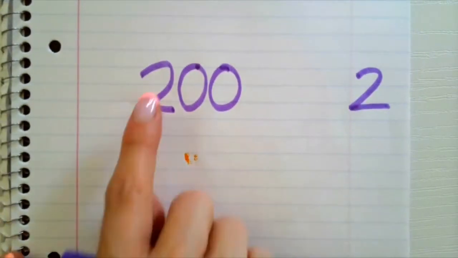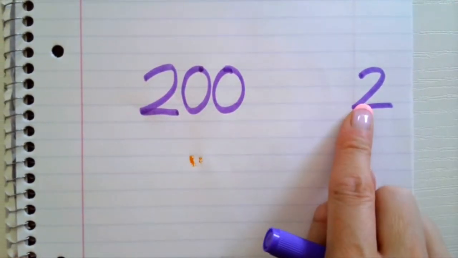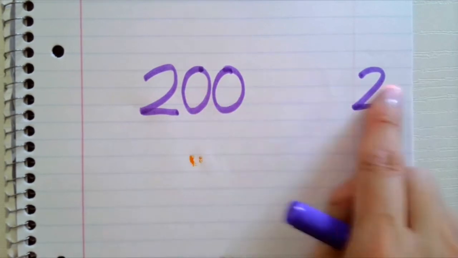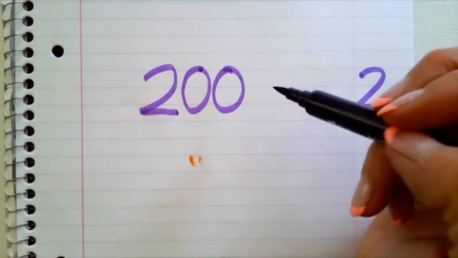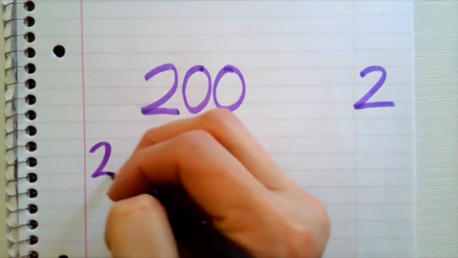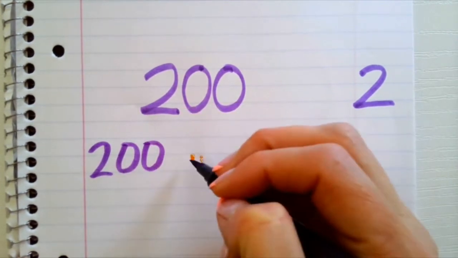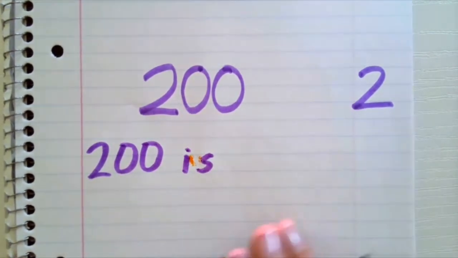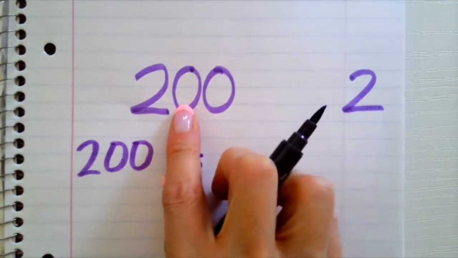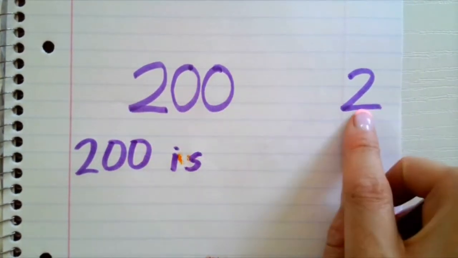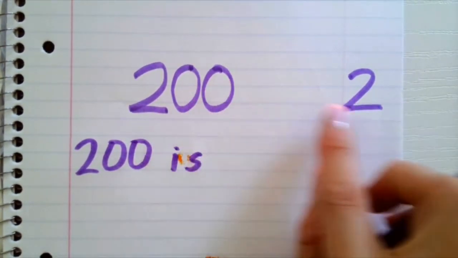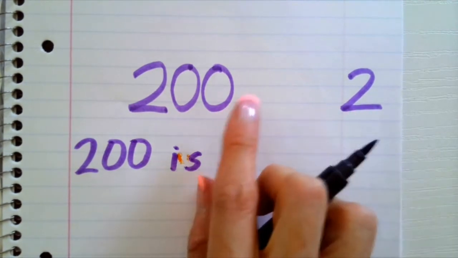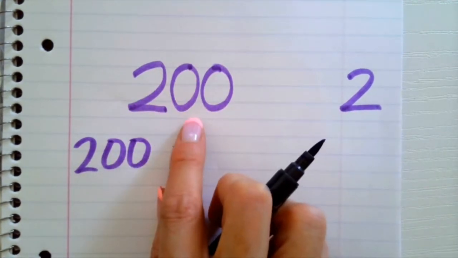But what about the multiplicative relationship between these two numbers? We would say 200, is it bigger than 2 or smaller than 2? Is it greater than or less than? It's greater than.